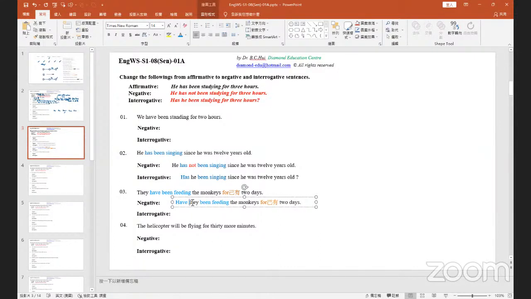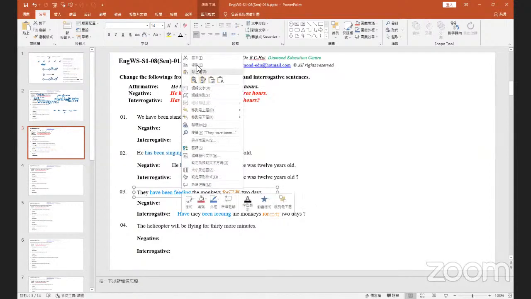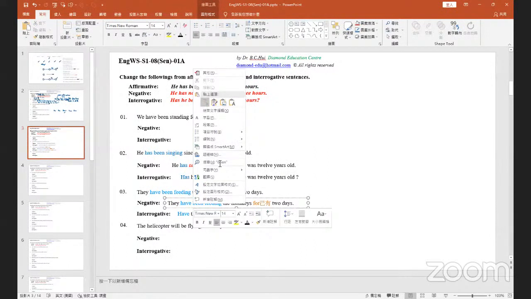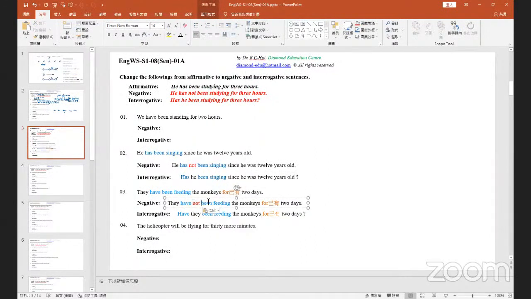To say no, to change it into a negative sentence, you put a not after the first part of the verb. They have not been feeding the monkeys for 2 days.